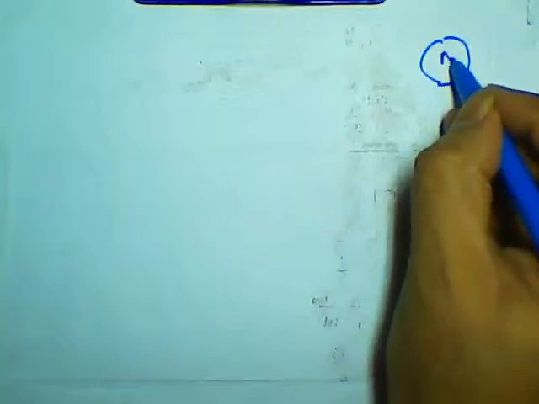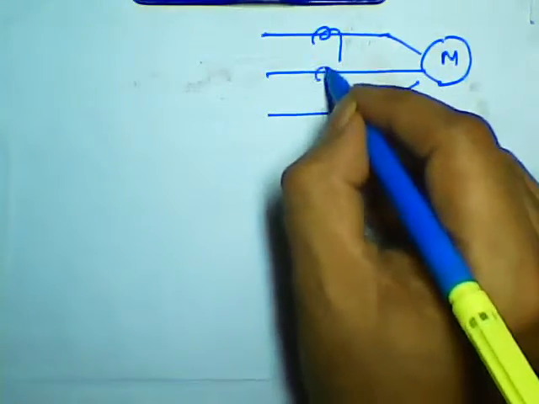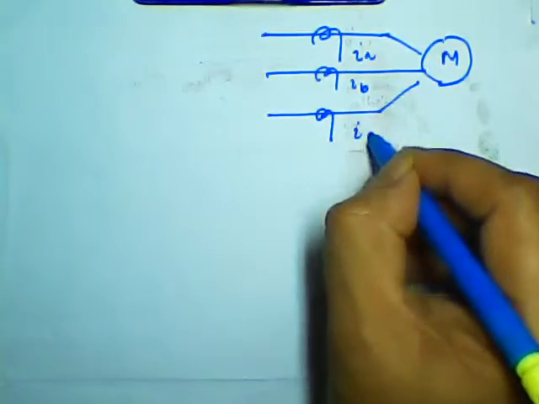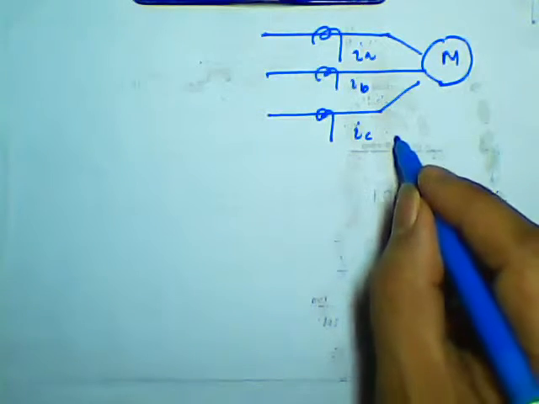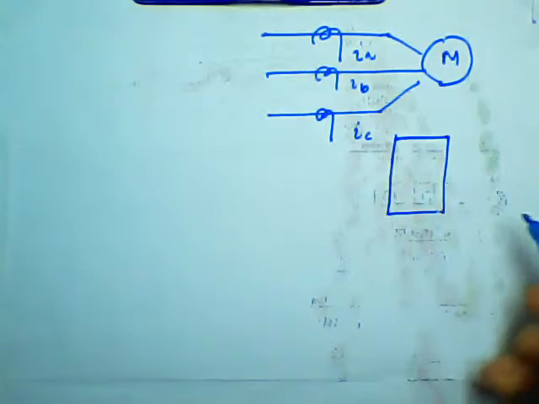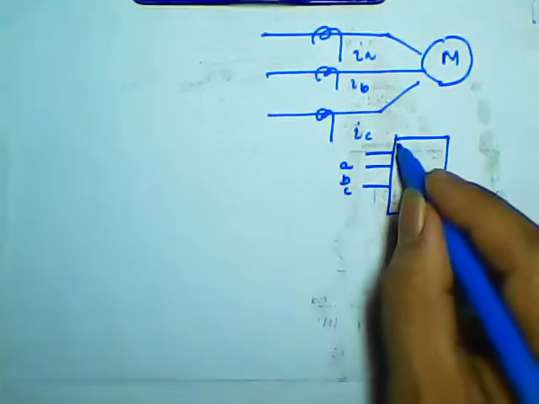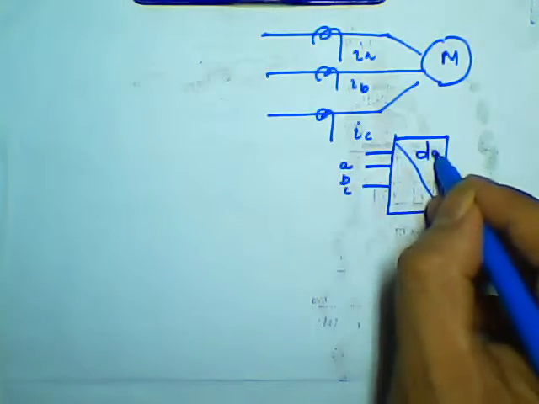I am not going into the detailed calculations, but I will explain the topology very simply. So this is your machine, and these are the three phases. Here you tap the current, say IA, IB and IC. Here we are using a conversion which takes these three currents A, B, C and directly converts them to the DQ axis.